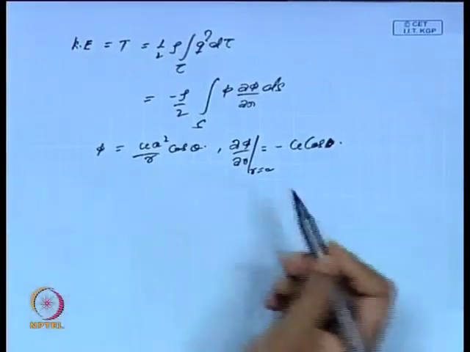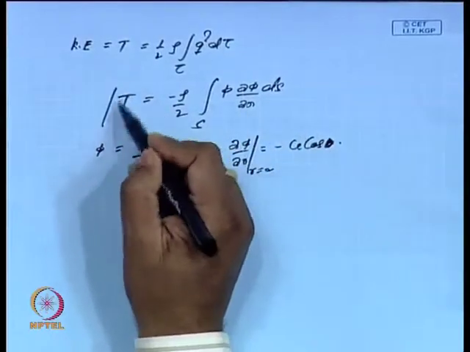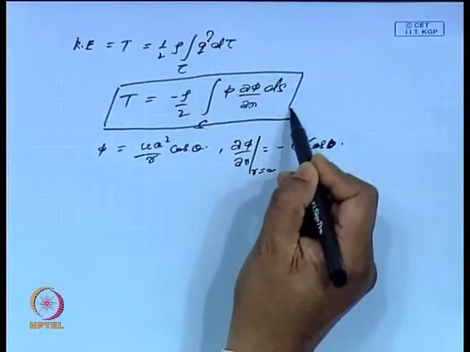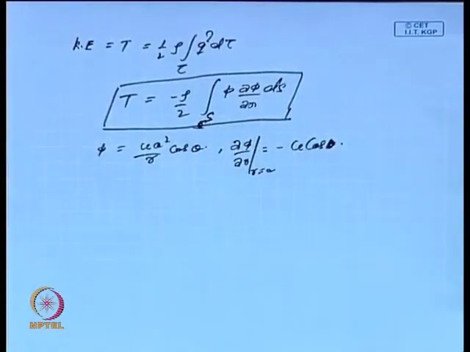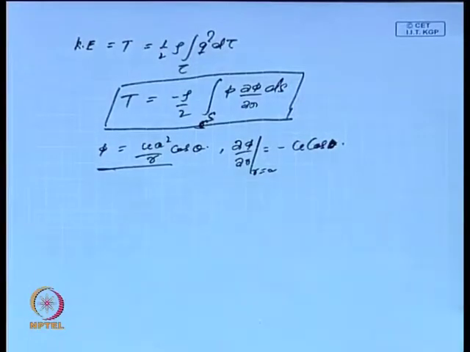If I assume this is the general definition of T, the kinetic energy, and in our case φ is this, then we know that ∂φ/∂r on r equal to a is this.